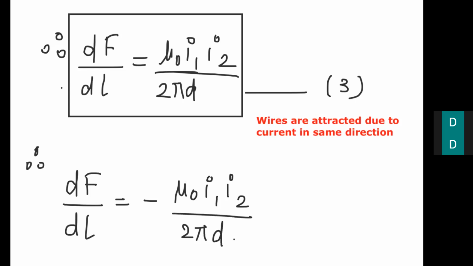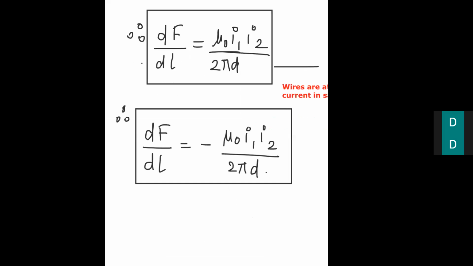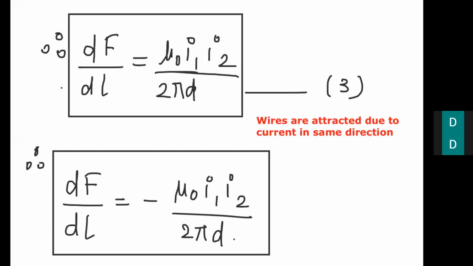Because the currents are in opposite directions. In such cases, the wires repel each other. So we can write that parallel wires carrying current in opposite direction repel each other.